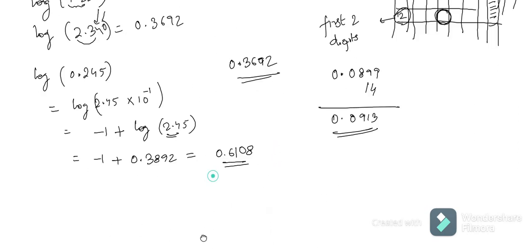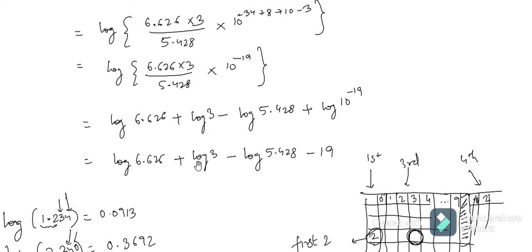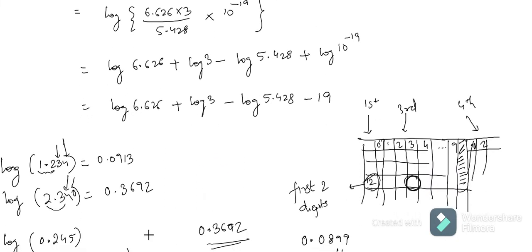Okay, so try to find logarithm values. Now let's work this out in a simple case, like in this case. So what is the value of this? Log 6.626. It will be log 66, 2, 6. 66, 2 is 8209, and the sixth one is 4, so it will be 8213. So 0.8213 plus log 3, which is a memorized value. It should be 0.4771. Let me check it. Yeah, 0.4771.